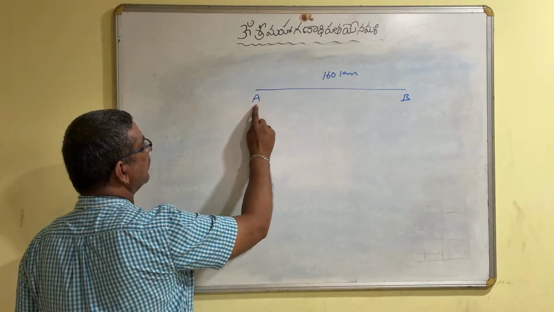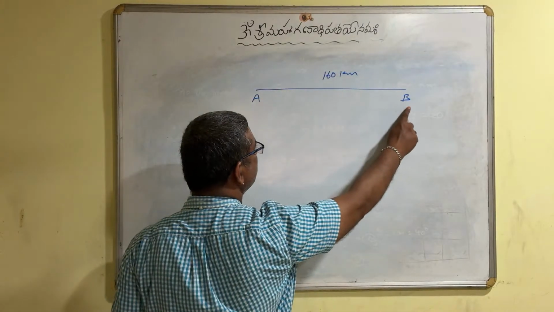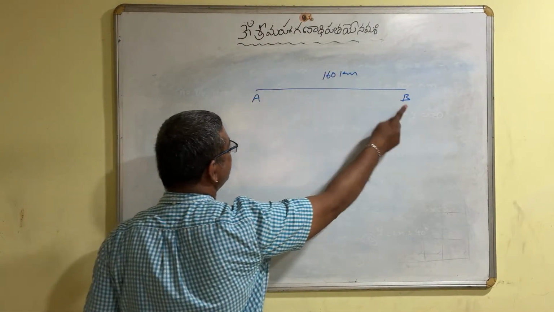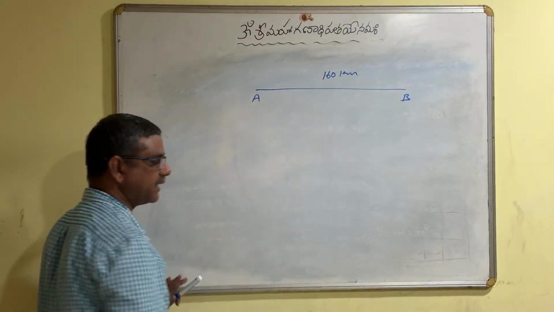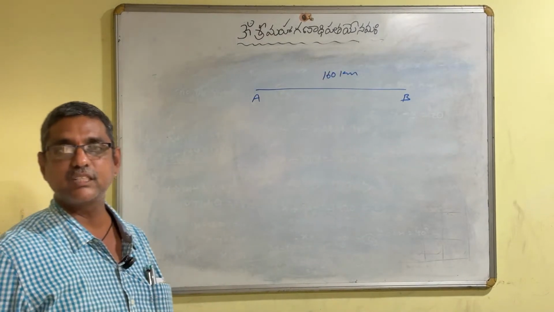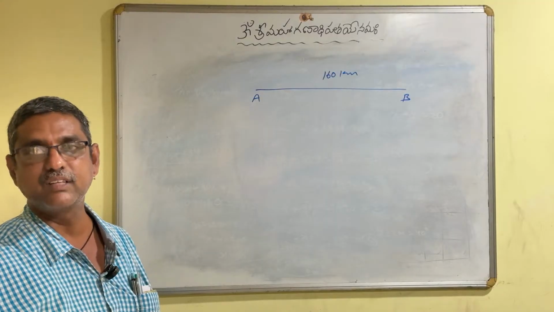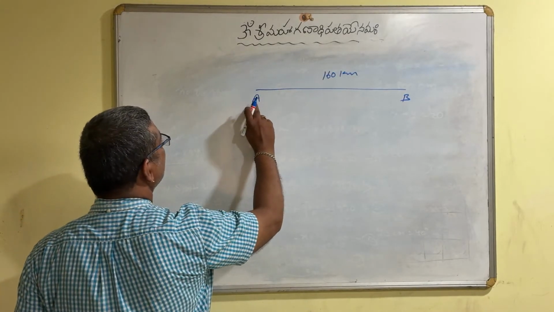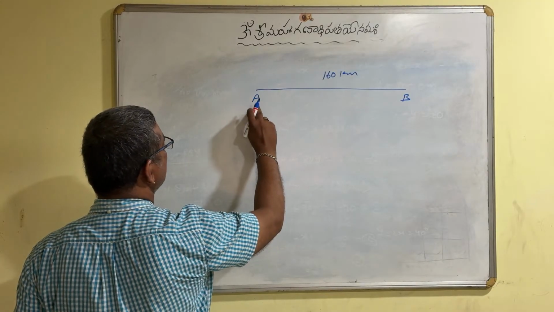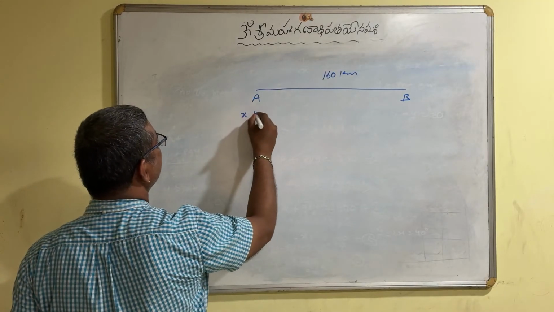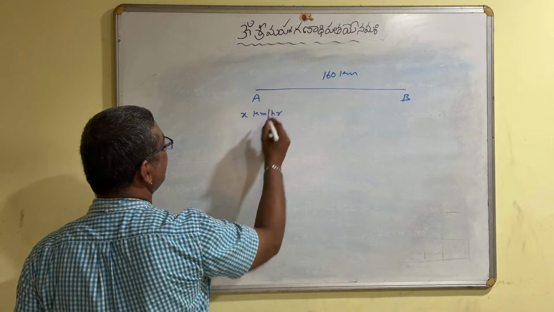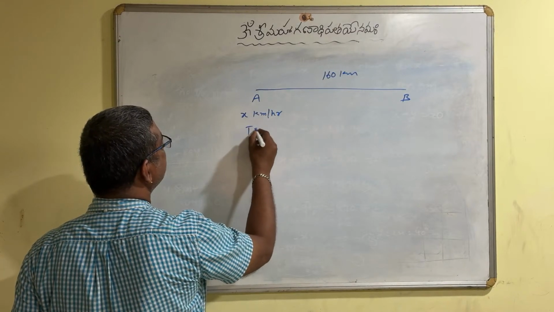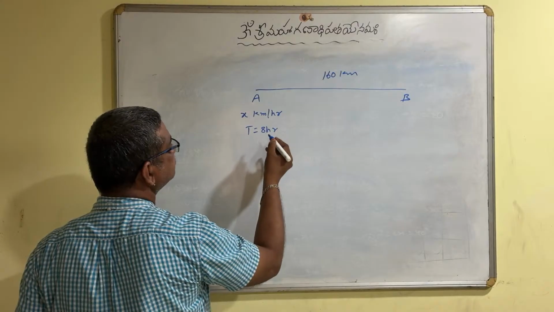There is a place called A and another place called B. The distance between the two places is 160 kilometers. And from here, a car starts with a speed of x kilometers per hour and the journey time is 8 hours.